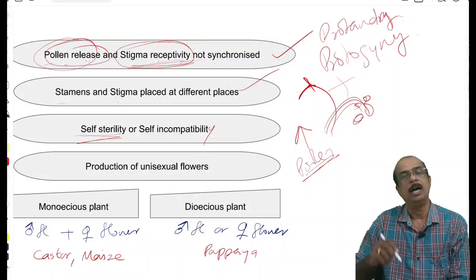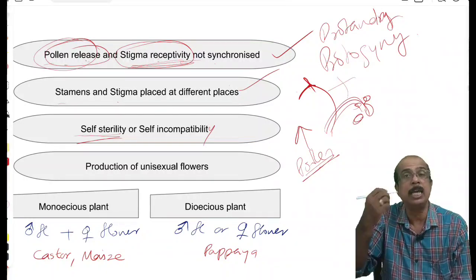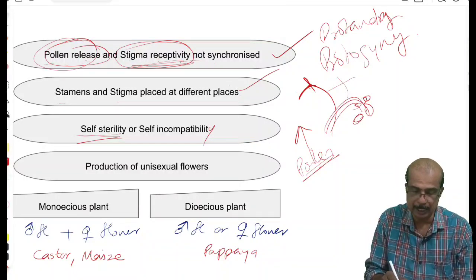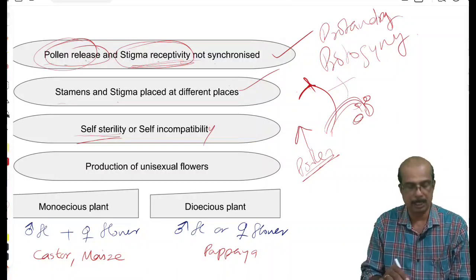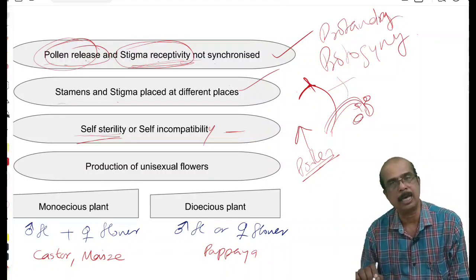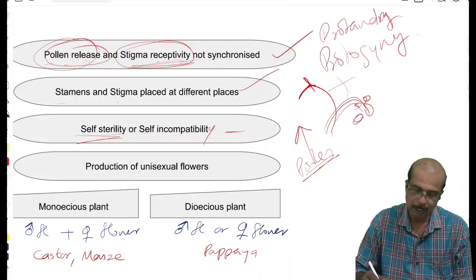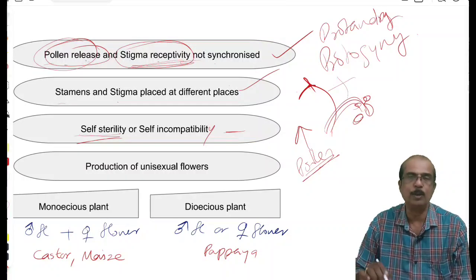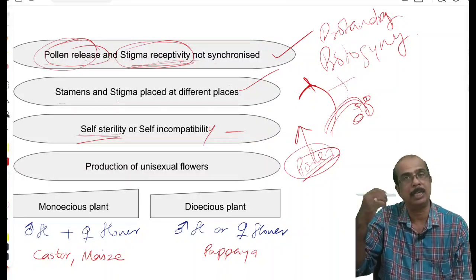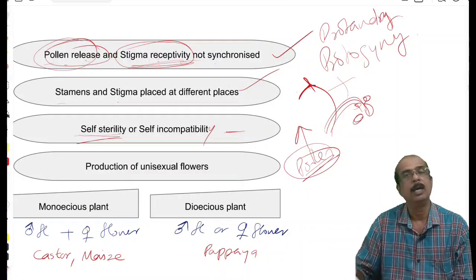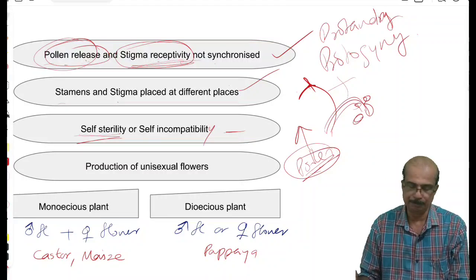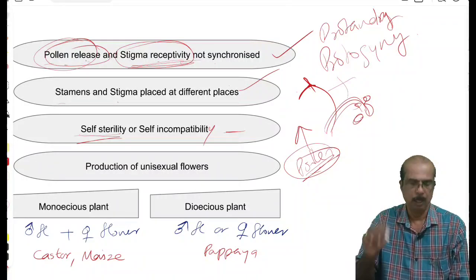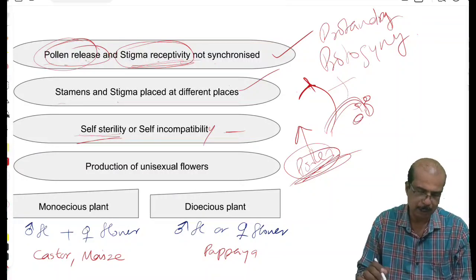It is incompatible in the same plant. This is a genetic character. Genes are controlling this character. So, when a pollen cannot grow in the same plant, there will not be self-pollination. Cross-pollination is the only way for such plants.